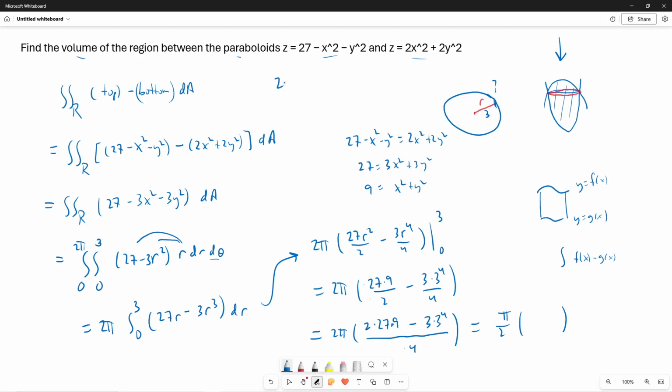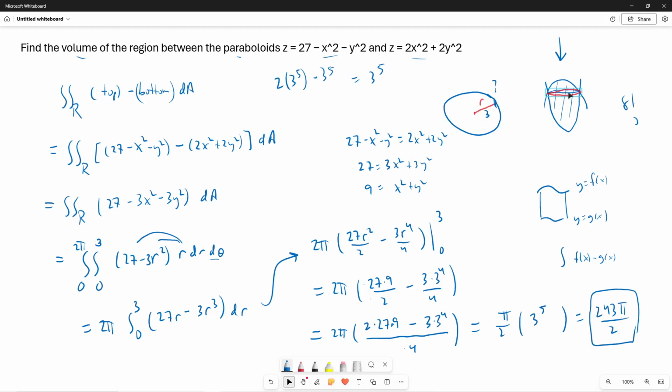So we have 2 times 3 to the 5th minus 3 to the 5th, which is just 3 to the 5th. And 3 to the 4th is 81. So 3 to the 5th is 81 times 3. And that's 243. So 243 pi over 2 is the value of the volume between the two paraboloids.